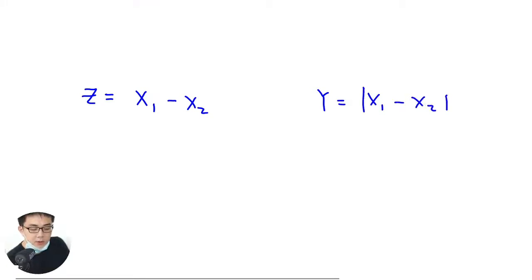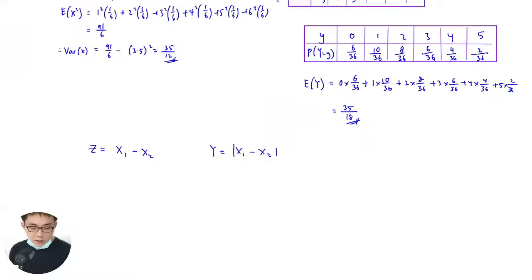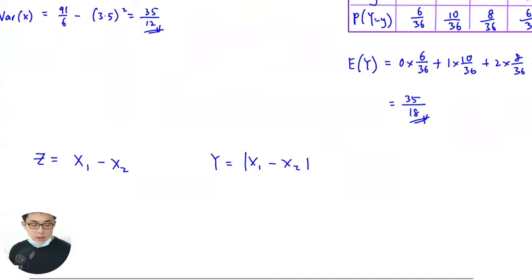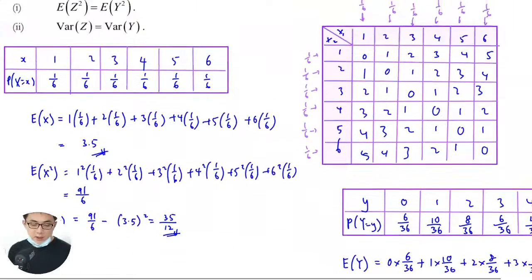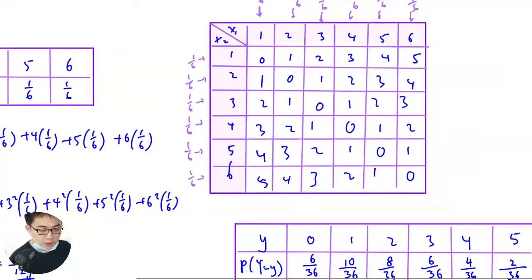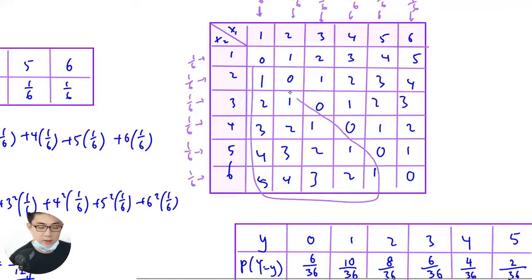So what I'm saying is, can you imagine that if you take X1 minus X2 without the modulus, all these here would be negative. Get it? All these will be negative, because all these are X1 smaller than X2. So this portion here will be negative numbers instead of positive ones.